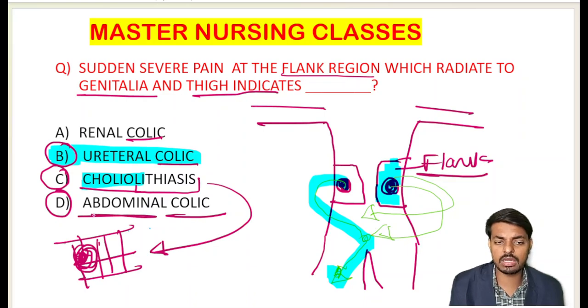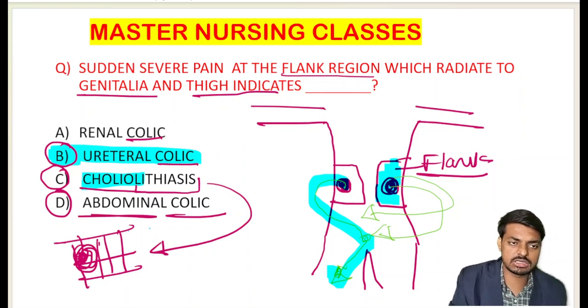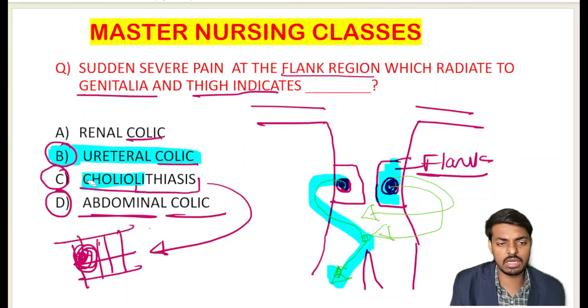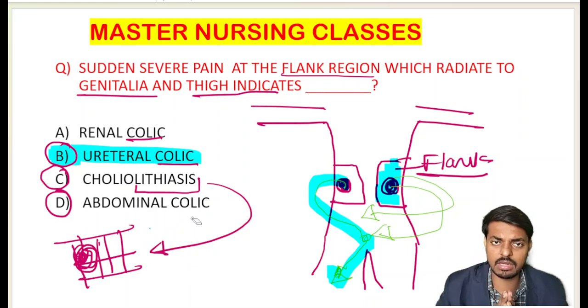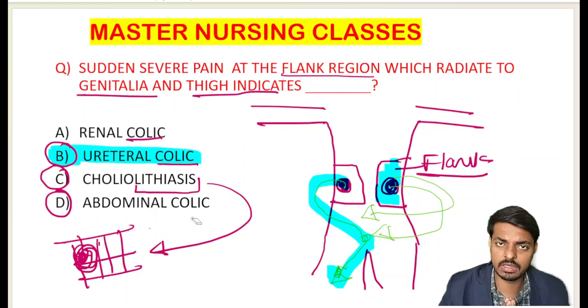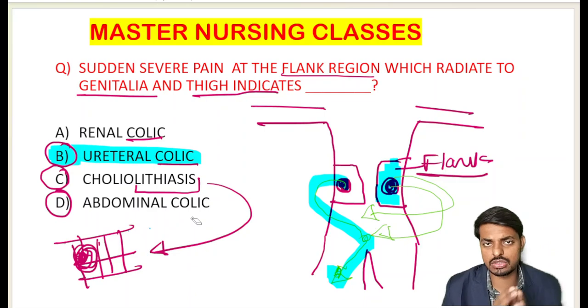Okay, and then what about abdominal colic? Yes, the pediatric situation. Students, anybody can know this, where we have studied breastfeeding. In breastfeeding, all of you know that mother's milk has which protein? Lactalbumin protein, which is very easily digestible to the baby.